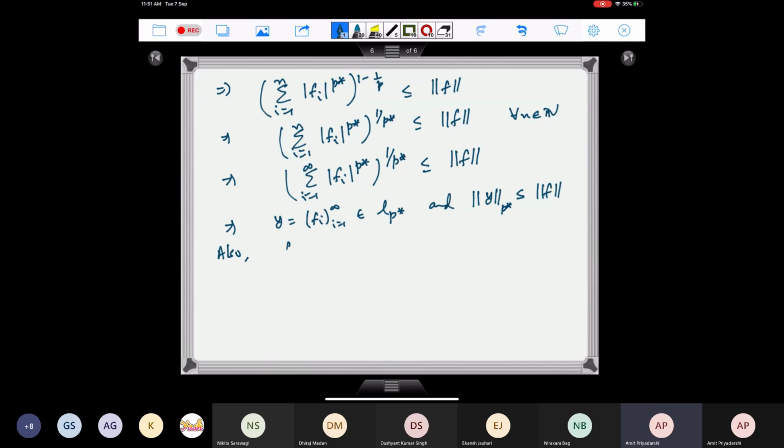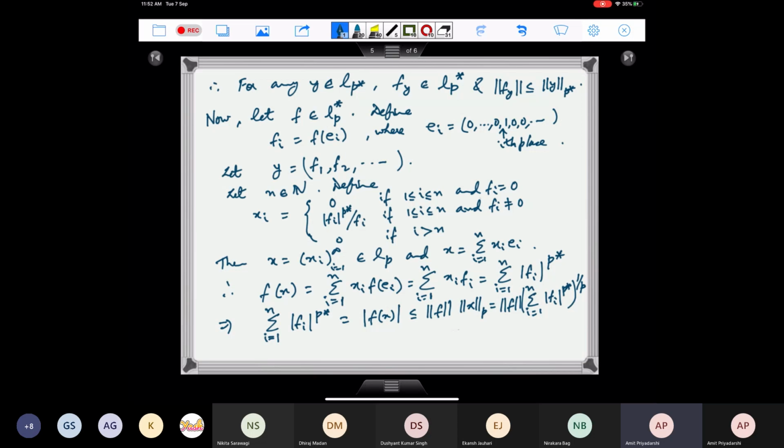Also, if we look at f of x, this is equal to the summation of xi fi, i equal to 1 to infinity, because for fx we wrote the summation of xi fi, i equal to 1 to n, but for i bigger than n, fi xi is equal to 0.